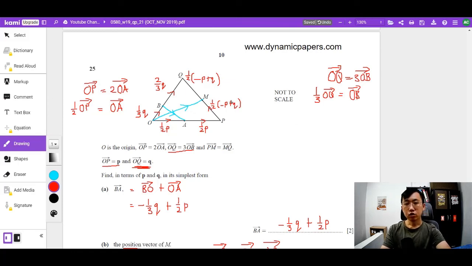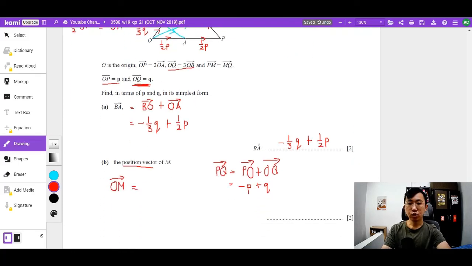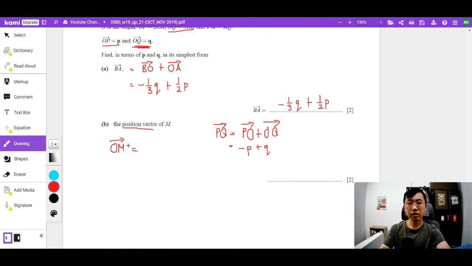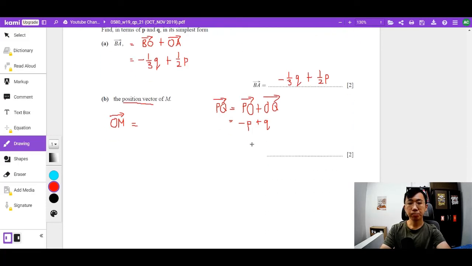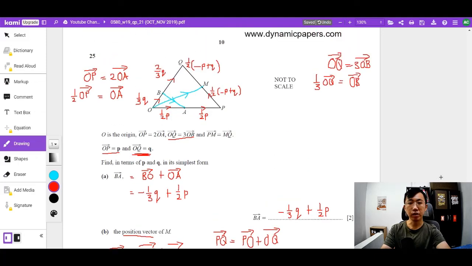Alright, so we are going to continue back to our original working. OM is going to be your OP, then PM. So let's write the working. OP followed by PM. So you need to know how to travel. You go O to P first, then P to M. So check out what is the vector denotation for OP.